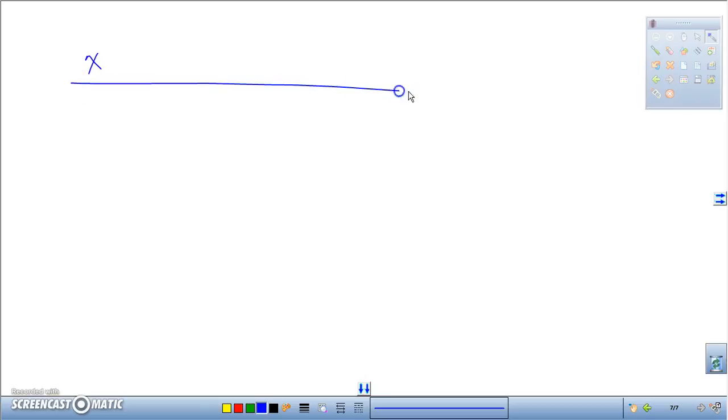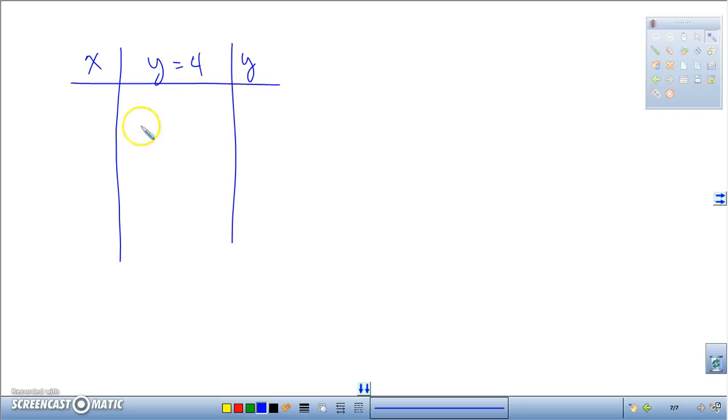You've got your x on the left, your equation in the middle and your y on the right. So just pick any values that you want, and it doesn't really matter what those values are because your y value is always going to be 4 because you're not plugging anything in for x. There's no x to be plugged in for.